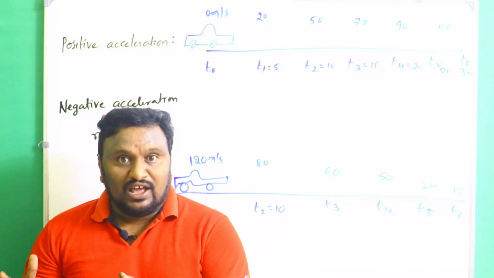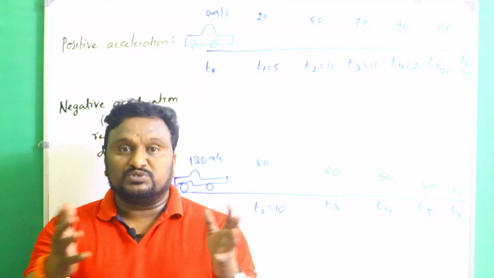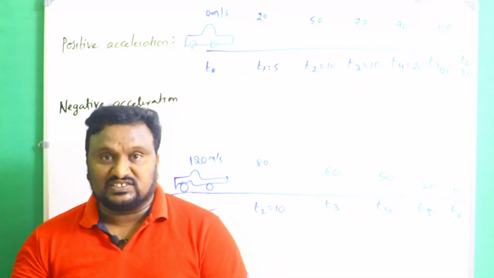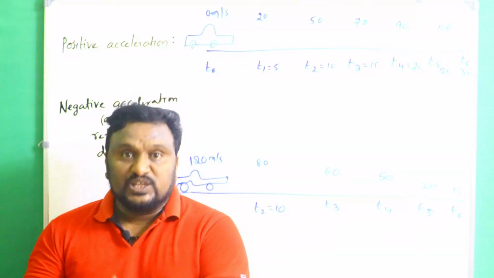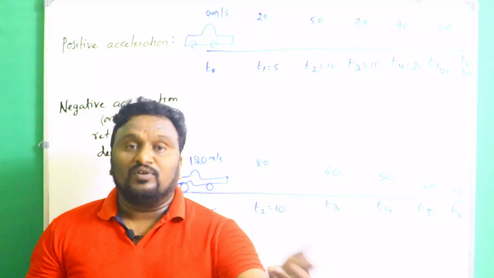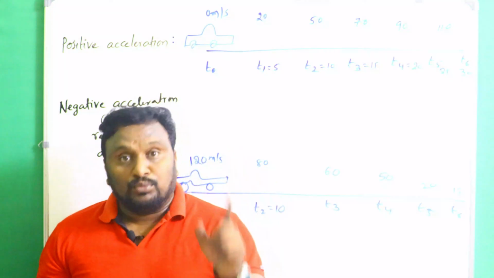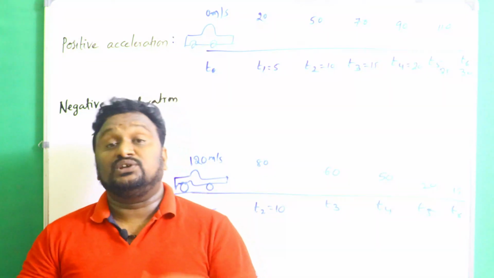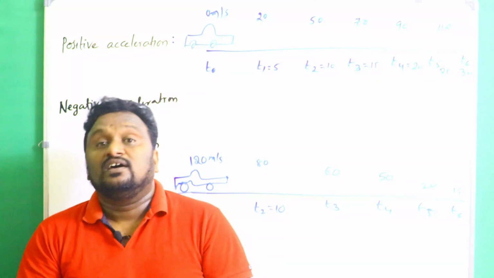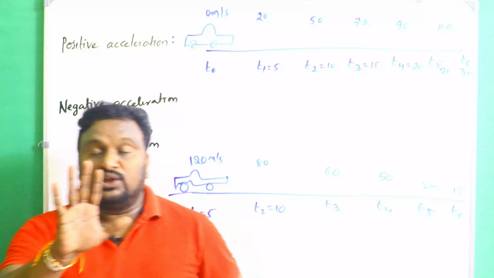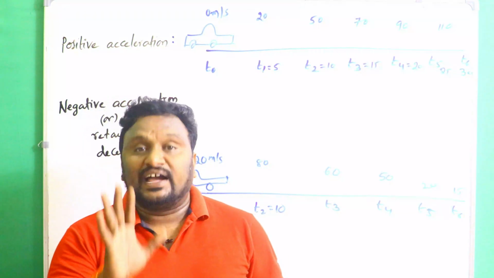If the change in velocity changes with respect to time, then the acceleration is said to be non-uniform acceleration. You have to remember simply what is meant by non-uniform acceleration.